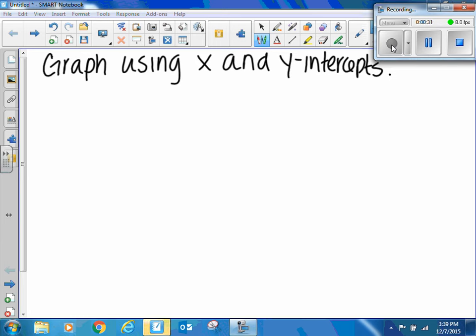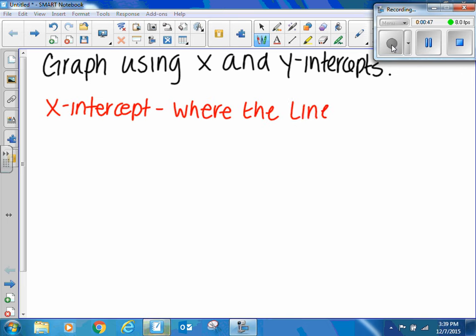Okay, so let's first start by defining what an x and y intercept is. The x-intercept is where the line crosses the x-axis.